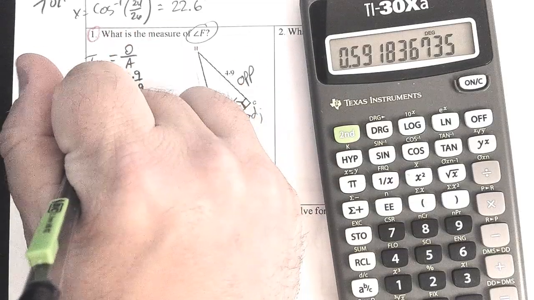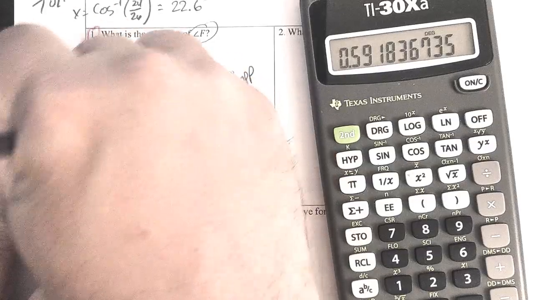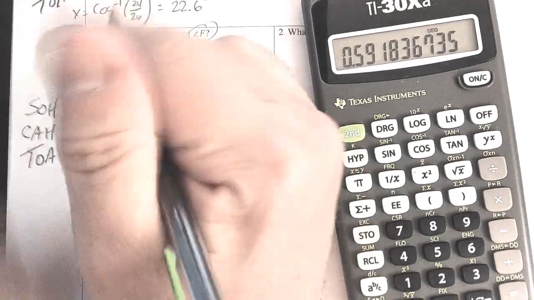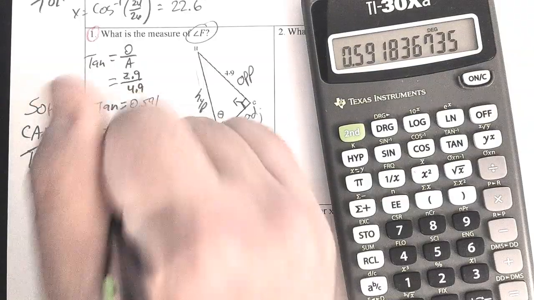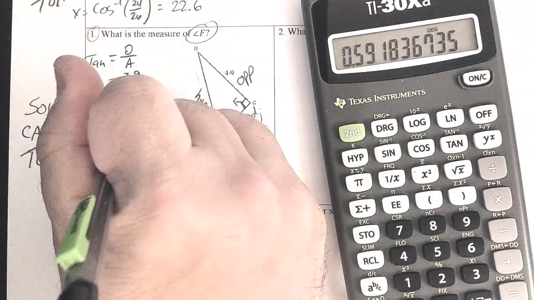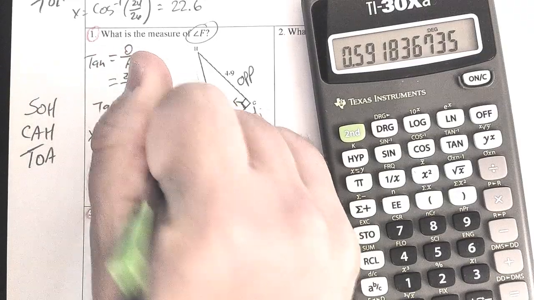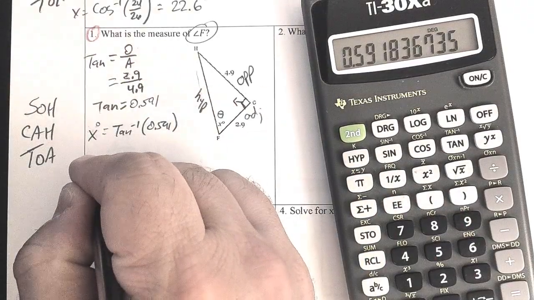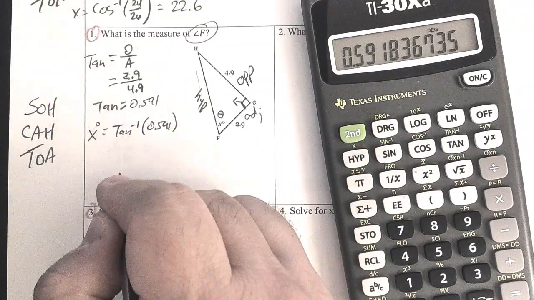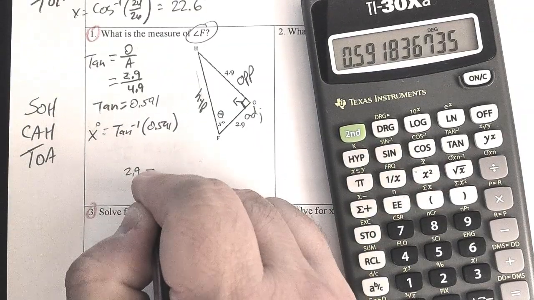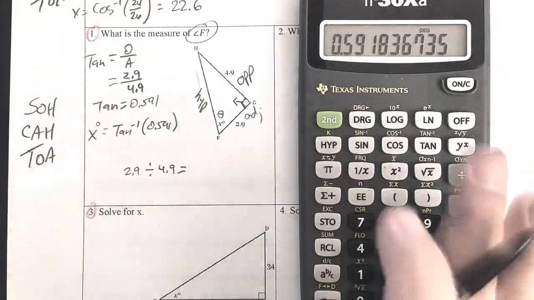And of course, we're looking for our x degrees, which is going to be the inverse tangent of 0.591. So on the calculator, that looks like, you know what, we're just going to put the whole thing. So it'll be 2.9 divided by 4.9 equals, which is where we're at.